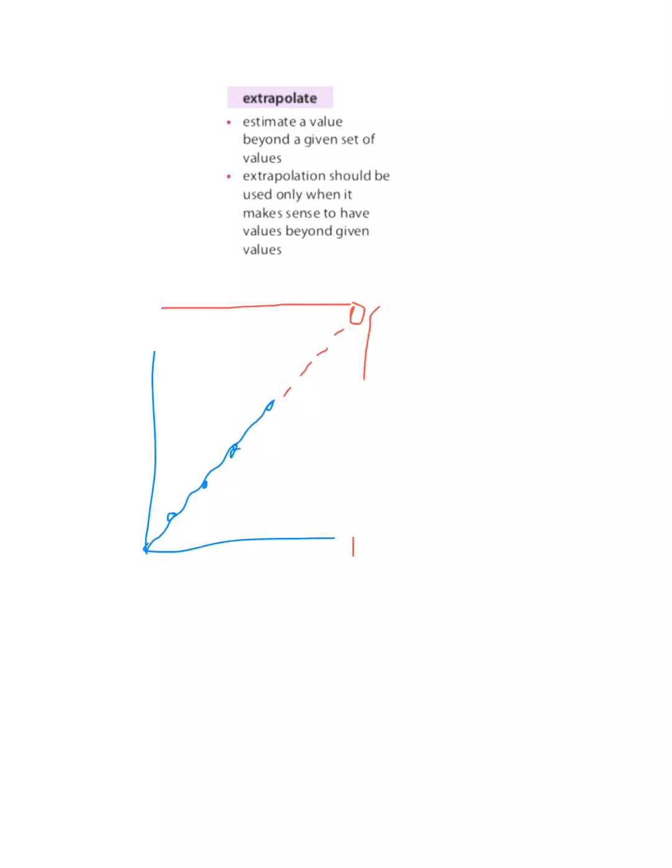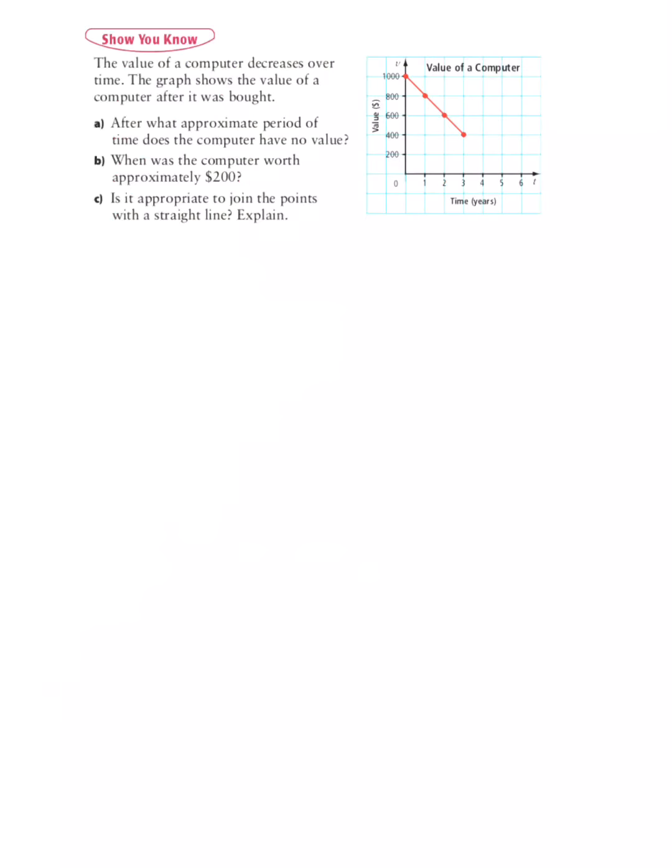We're going to guess what it would look like if we extend it either there or the other way. And just like the last one, it should only be used when it makes sense to have values beyond given values. So there are some examples where you can't really go beyond a graph, and you'll see what that means. If it makes sense to go up or down, otherwise it's the same idea.